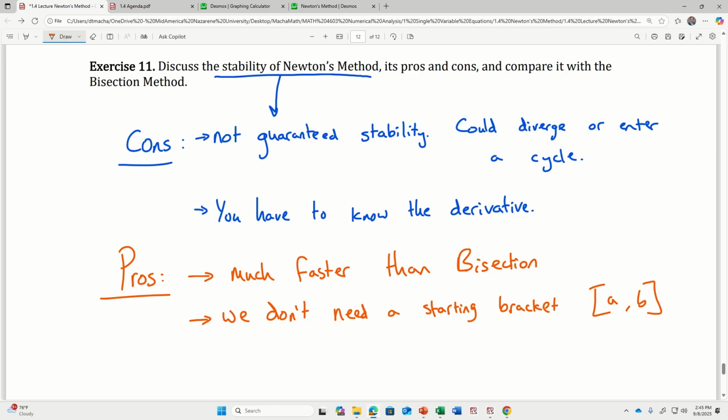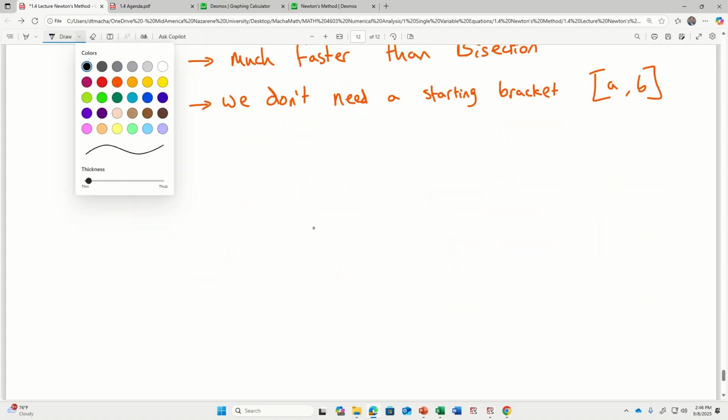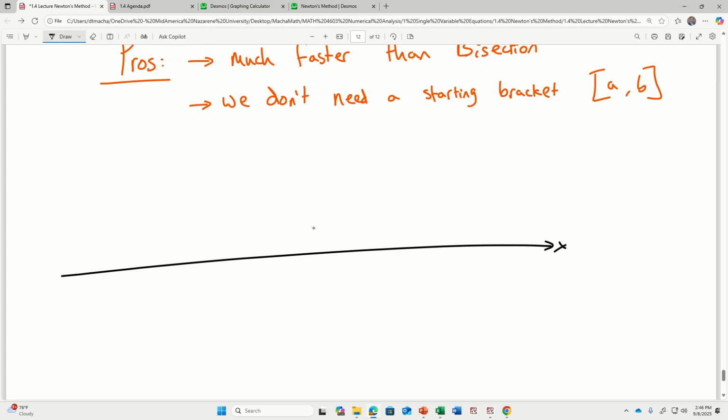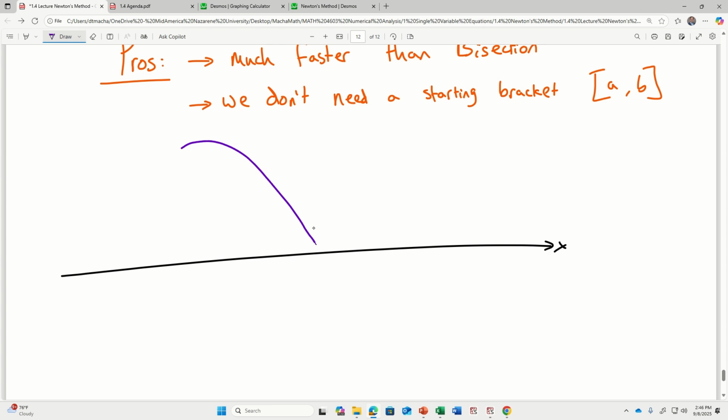And the hard part about bisection method, remember, is that the function had to be positive on one end of the interval and negative on the other end of the interval. And sometimes that could be hard to find. There are some cases in which you don't really know how to find a case where my function is positive somewhere, and where it might be negative.